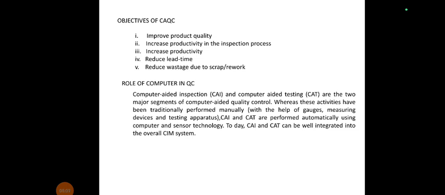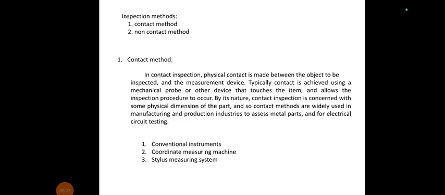These activities also involve the planning of inspection procedure and the specification of the gauges and measuring instruments needed to perform the inspection. Statistical quality control is generally divided into two categories. First one, acceptance sampling, and next, control charts.